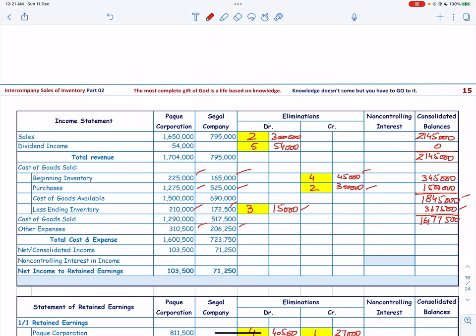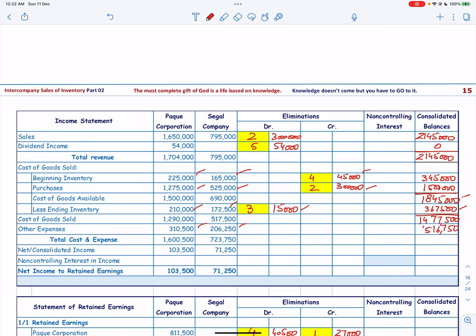So the total will be cost of goods sold plus other expenses, 310,500 plus 206,250, that is 516,750.